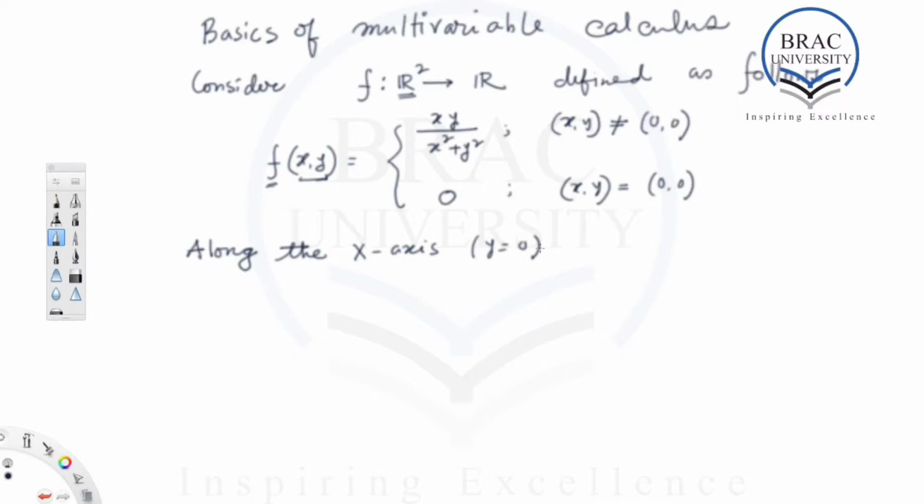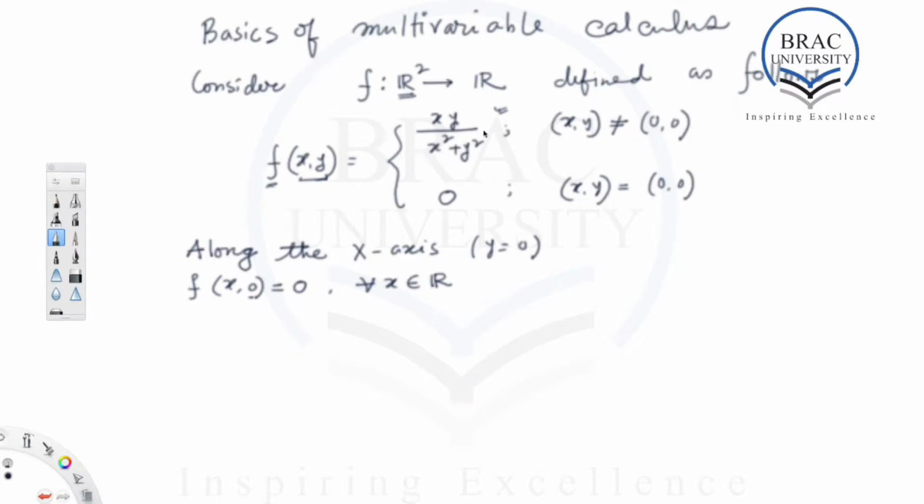Here this guy is 0, right? Because y is identically 0, this is 0 for all x taking values in the set of real numbers. When x is non-zero, this formula holds, and we plug in y to be 0 since we are walking along the x-axis.